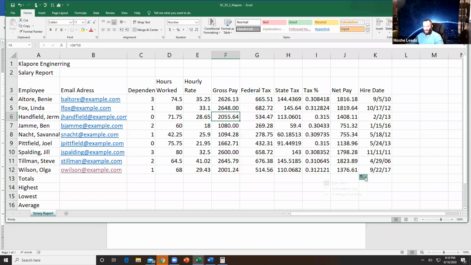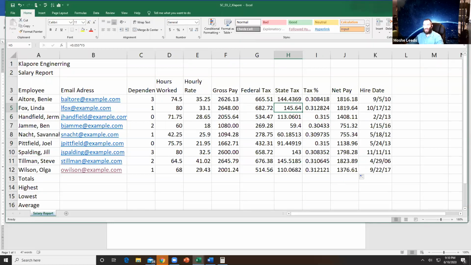If you see that button, you'll see fill formatting only, fill without formatting, or copy cells. So it will automatically copy cells because you're creating all these formulas. Excel tries to make it easier for you.